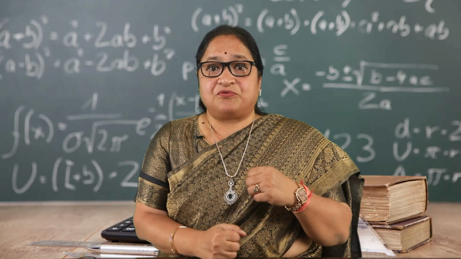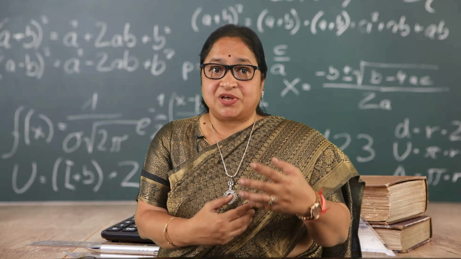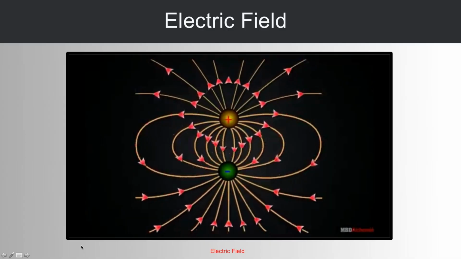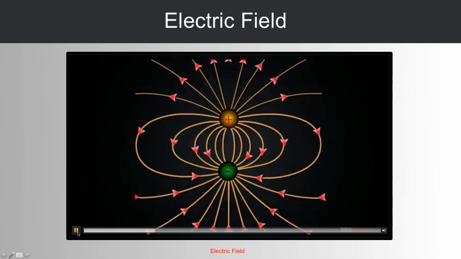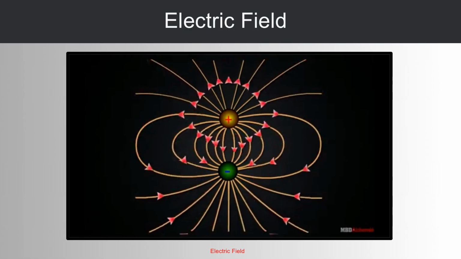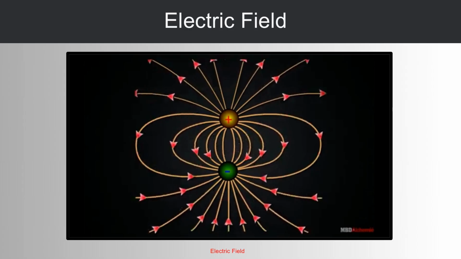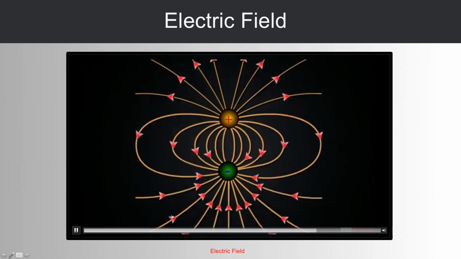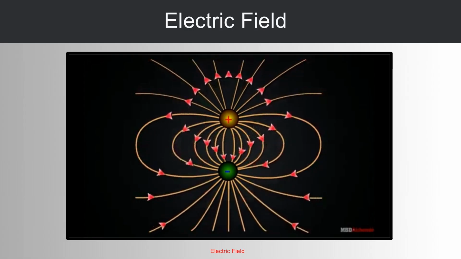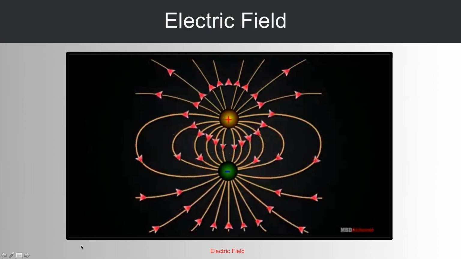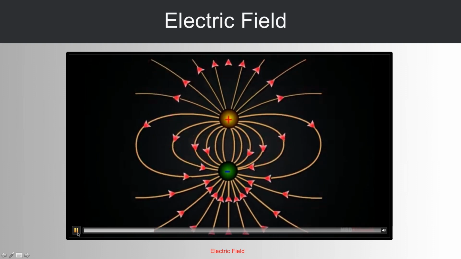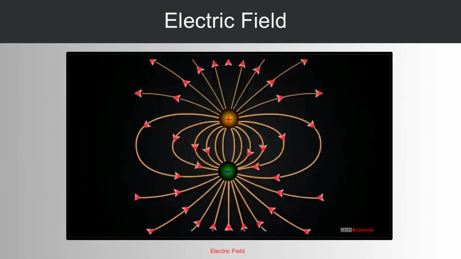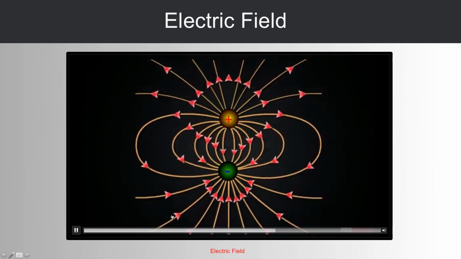It is a way of describing the influence a charge has on its surroundings. Here the diagram represents the electric field with arrows pointing outwards. The direction of the electric field is defined as the direction in which a positive test charge would move if placed in the field. For a positive charge, the field points away from the charge, while for a negative charge, it points toward the charge.